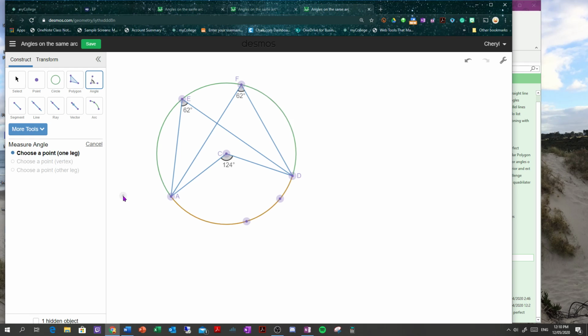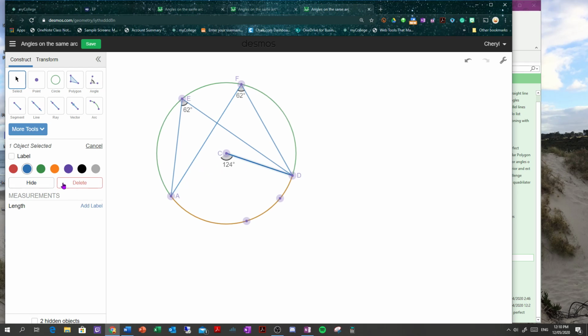But what happens in an internal is what they will present to you is this. They will present you a diagram without the central angle in it. But because these angles share an arc, this orange arc, they're always going to be equal.